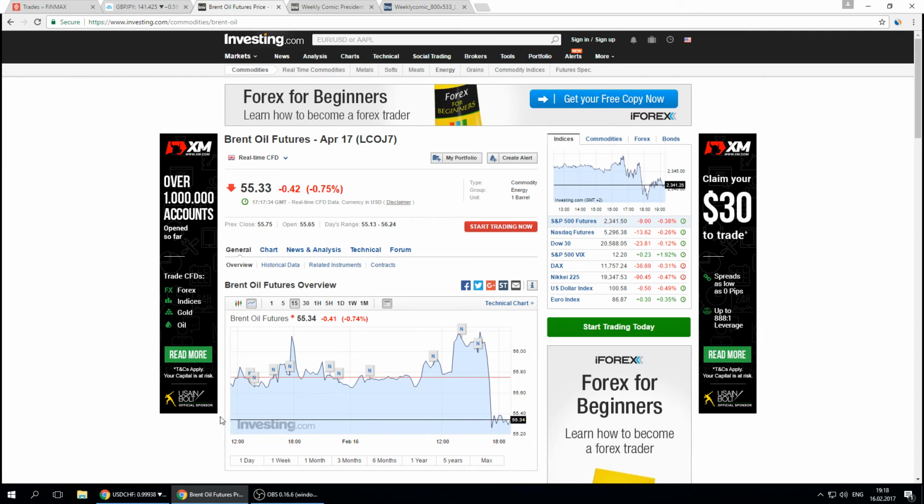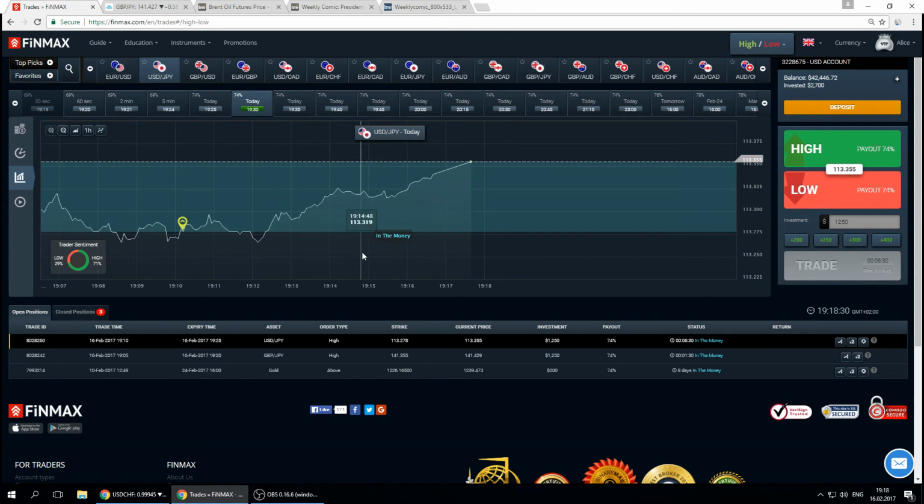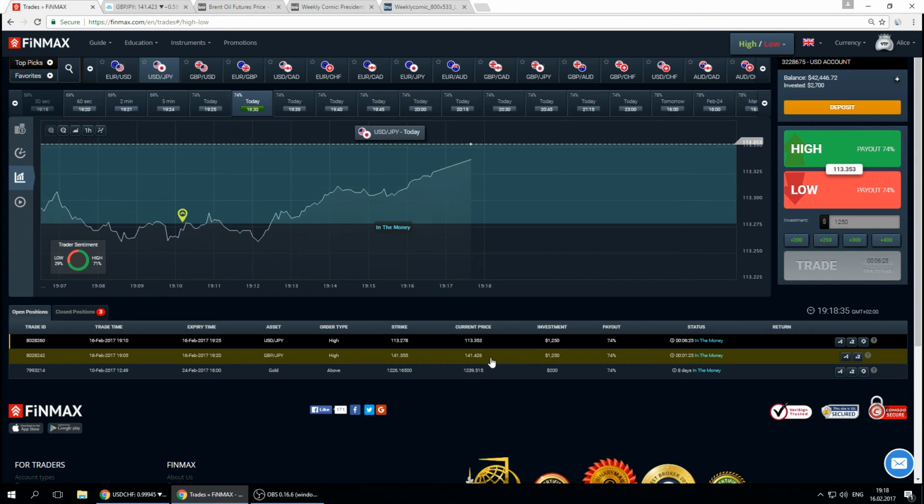So today we see that the price for Brent has fallen from $56 to 55. Well, almost, as Investing tells us, 42 cents the difference, which is pretty good. The best thing about binary that I like is that you don't care much what the change of price is.